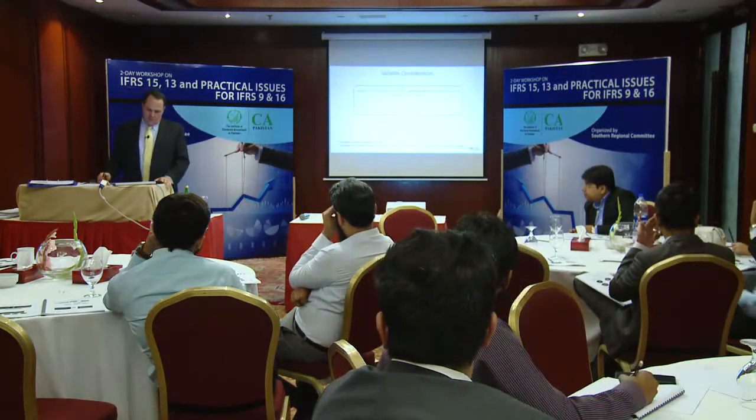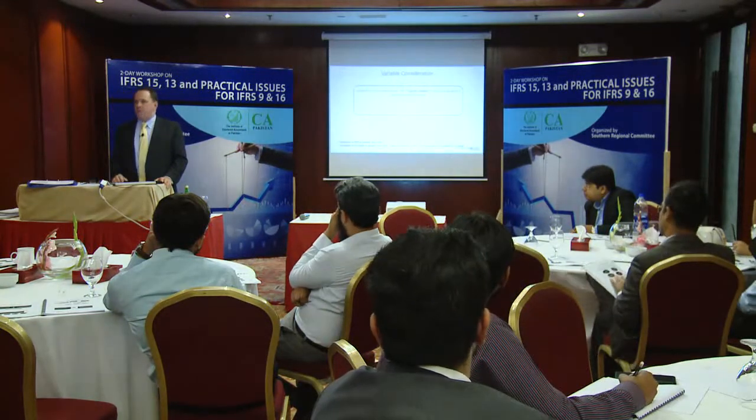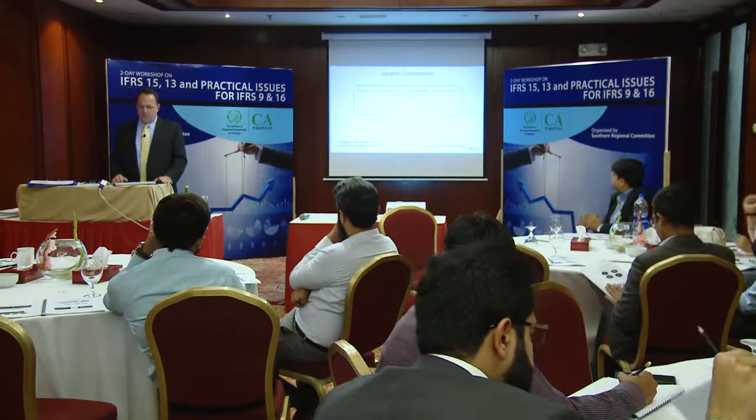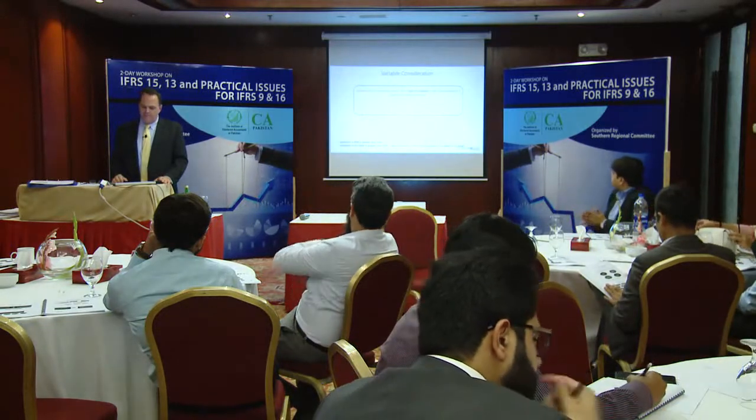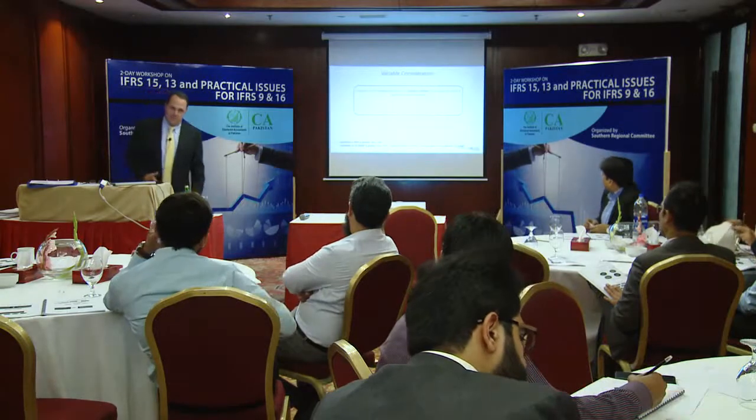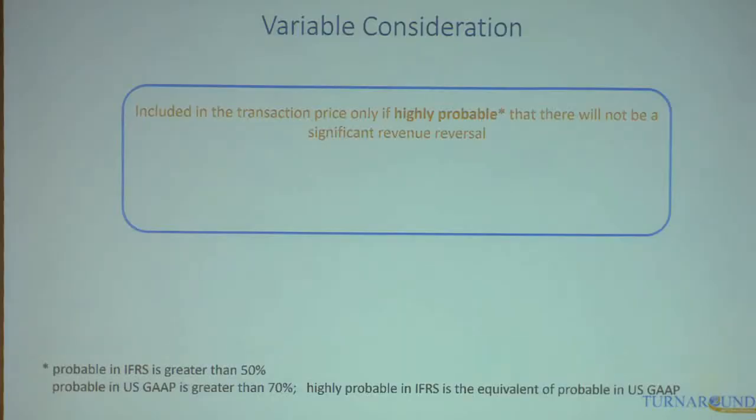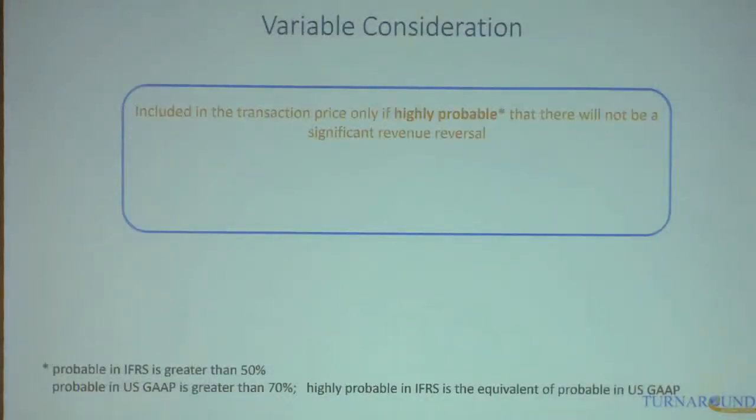So the thing about variable consideration that gets really, really messy is it has to be estimated. So you include in the variable transaction price, and what the standard says, it's highly probable that it won't reverse.